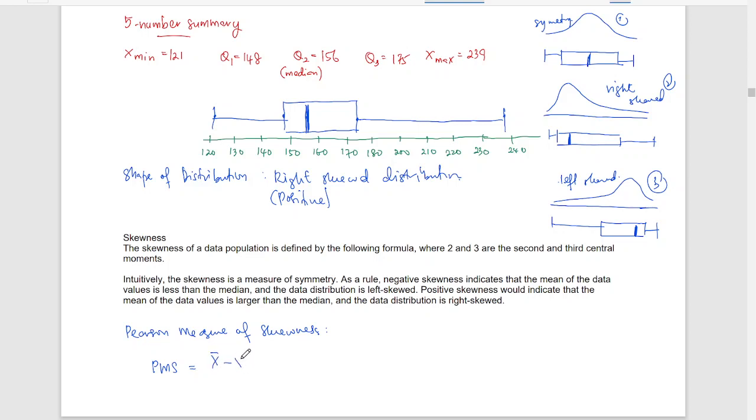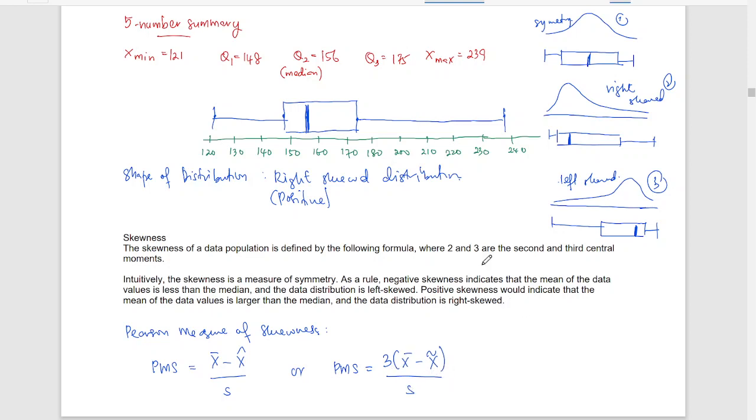So you can use the difference between the mean and the mode, the mean minus the mode, divided by the standard deviation, or you can use PMS, which is 3 times the mean minus the median, and then divided by the standard deviation.